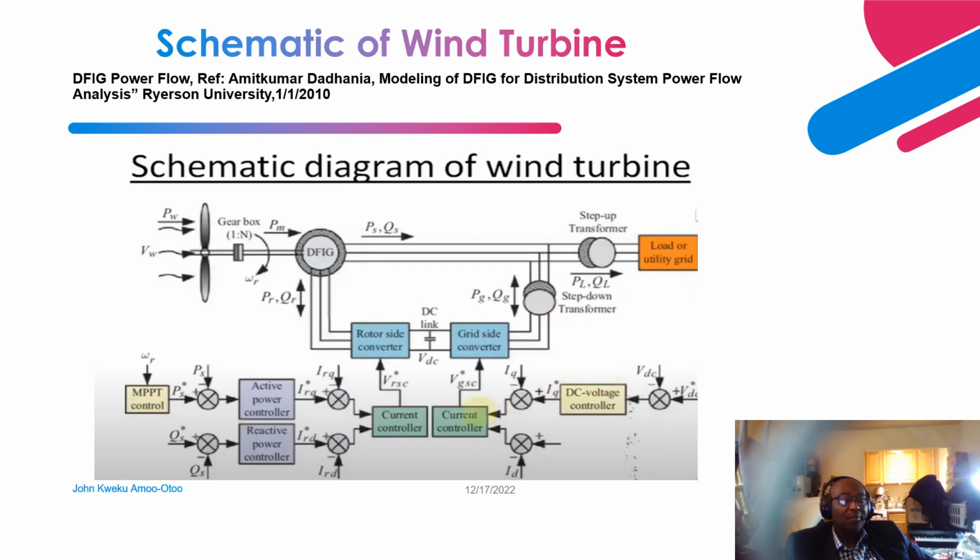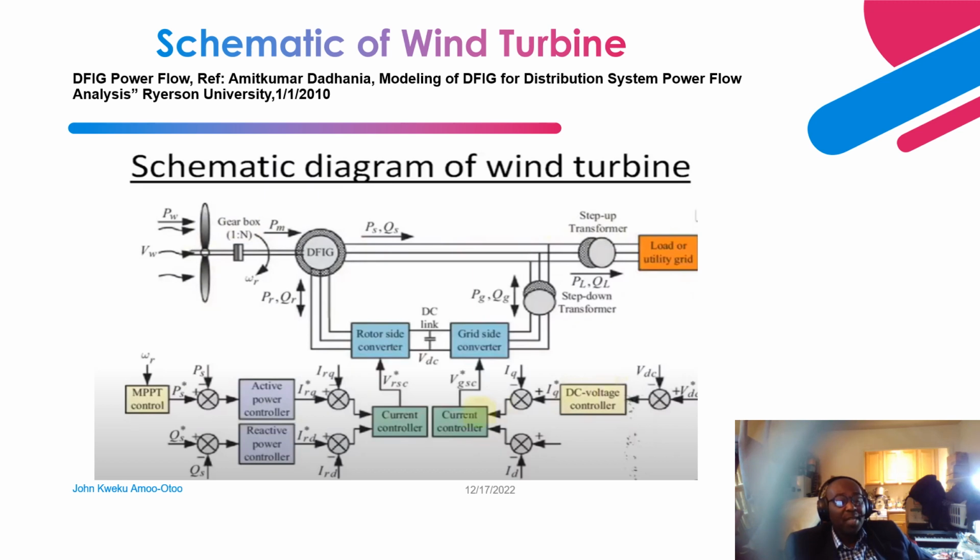Okay, so you have the set point active power and the measured active power. Basically it goes to a PI controller, and the error is created and fed here. Then you have the reactive power set point, and as the reactive power is measured, it goes to a PI controller, and the error is generated.